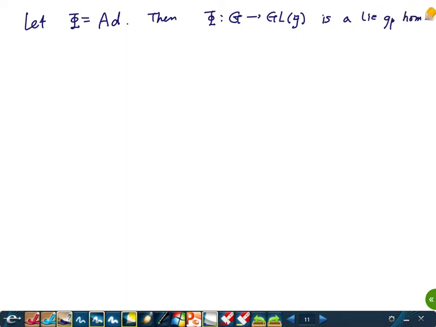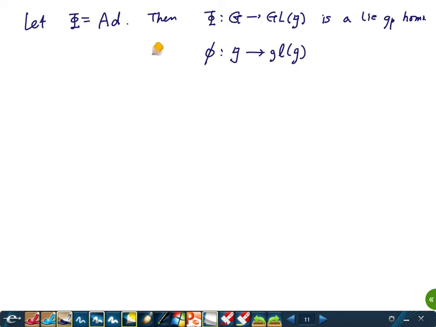We have already seen this as a theorem. We have two Lie groups, and we have a Lie group homomorphism, capital Φ. Then we know that we have a corresponding Lie algebra homomorphism. So here, the corresponding Lie algebra homomorphism will be from the Lie algebra of G, which is denoted by this 𝔤, to gl(𝔤). Okay?